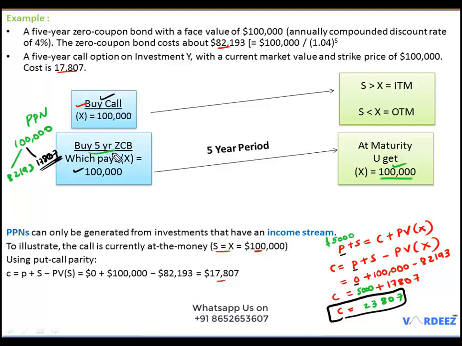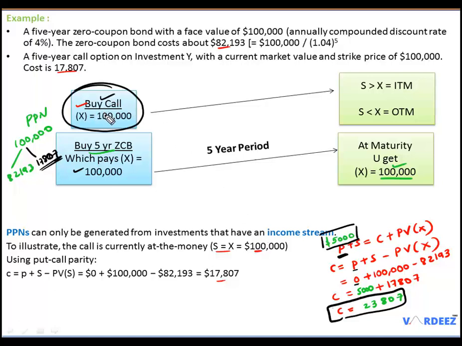Now where do we get this 5,000? This is the cost of the put option that we factored in, $5,000. So essentially, if this is the case, we need to make sure that we earn this extra $5,000, that is the cost of the put option here. We have to earn this from the asset.